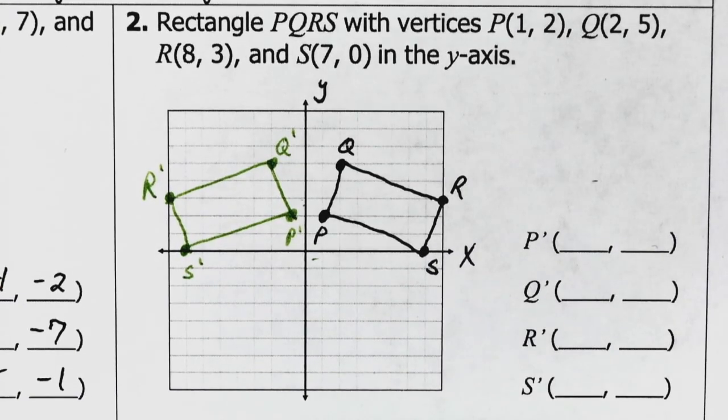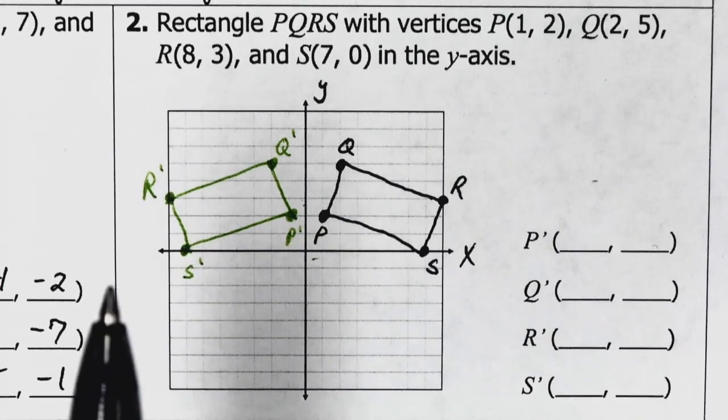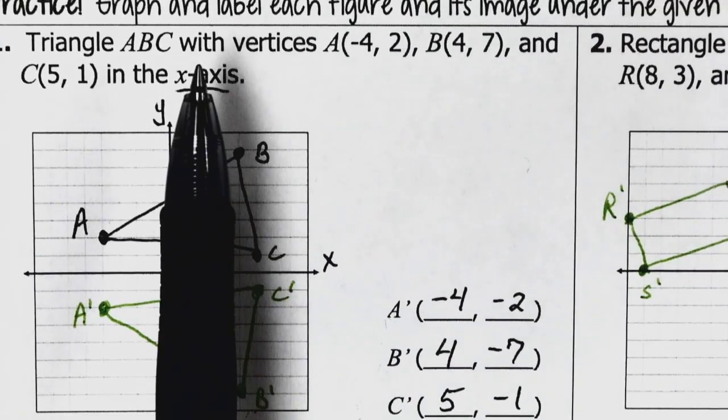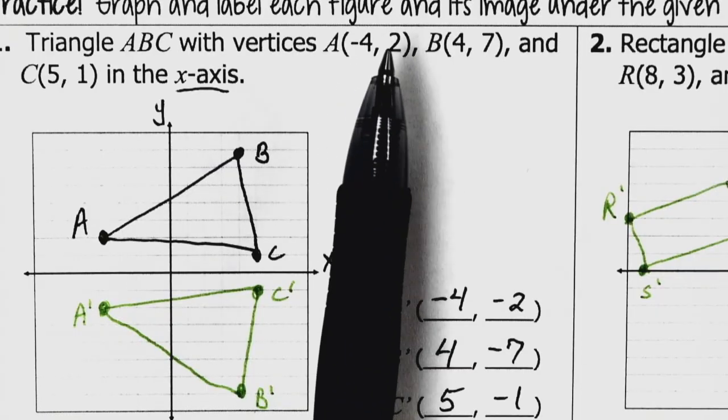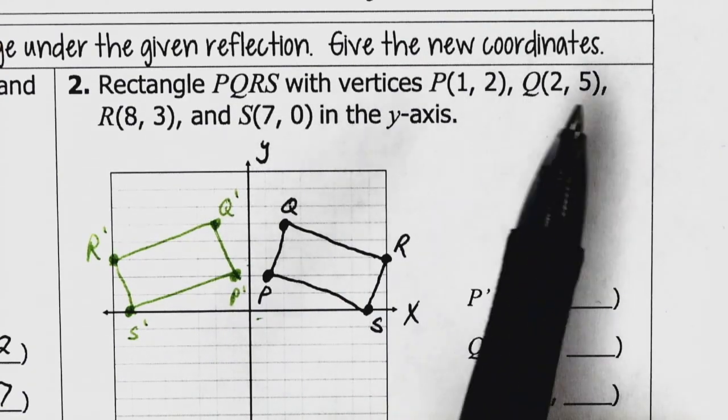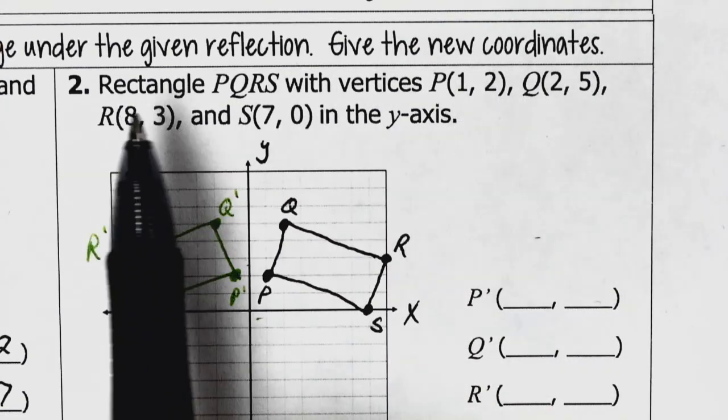So of course, doing the counting is definitely the easiest setup. But kind of like what we did over here, when you reflected over the x-axis, the x stayed the same and you changed the sign of the y. You're going to do the same thing here, but this time the y is going to stay the same, and you're going to change the x's.